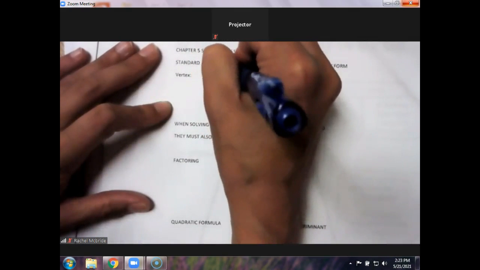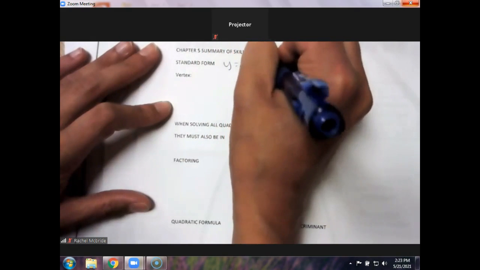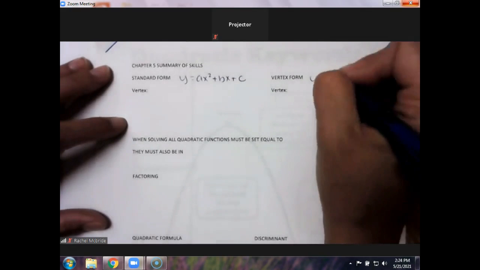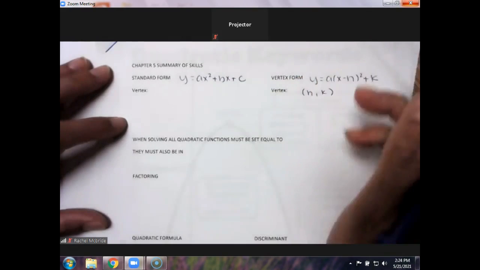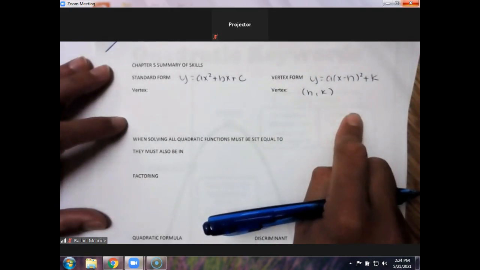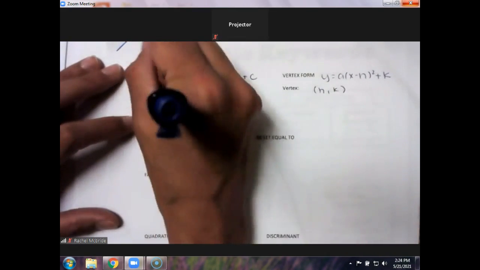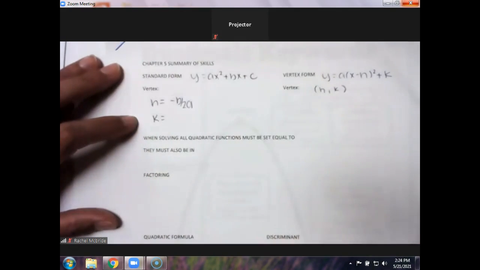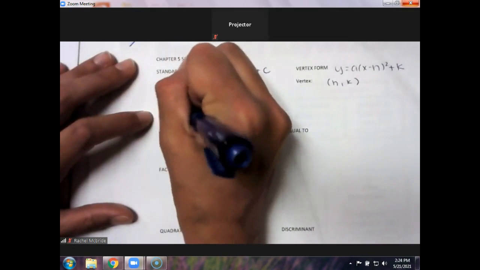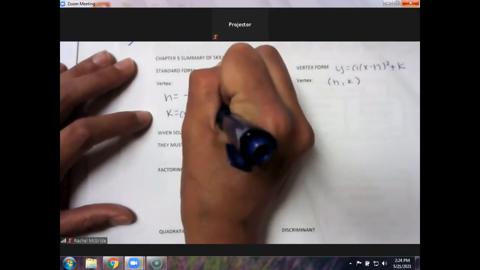Standard form is ax squared plus bx plus c. Vertex form is y equals a, x minus h squared plus k. In vertex form, your vertex is given in that formula. In standard form, you have to find h and k, where h is always negative b divided by 2a, and k is plugging that back in for x and simplifying.